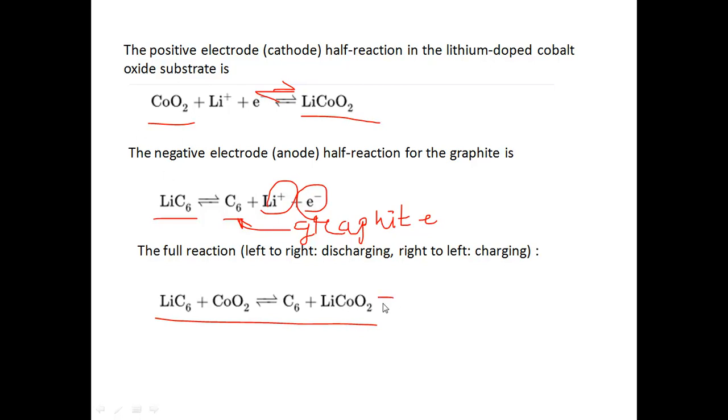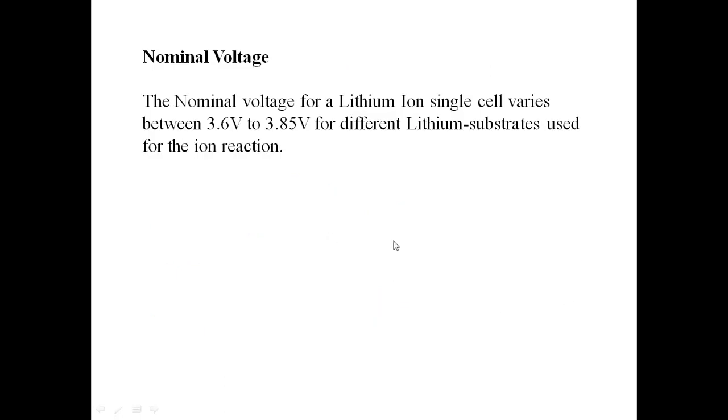This chemical reaction liberates approximately about 3.6 volts. Depending upon the electrolyte used, it can vary from 3.6 volt to 3.85 volt. So for various lithium substrates, the nominal voltage can be from 3.6 volt to 3.85 volts.